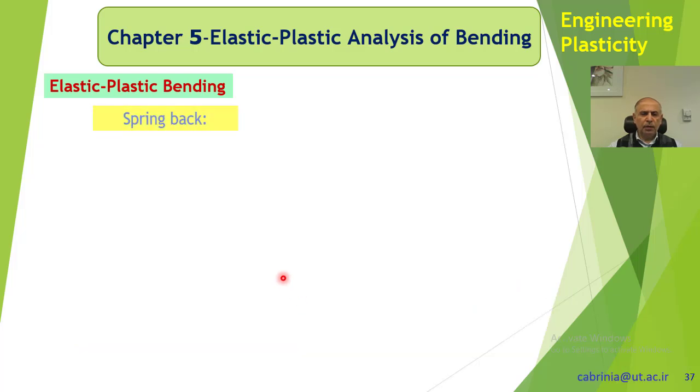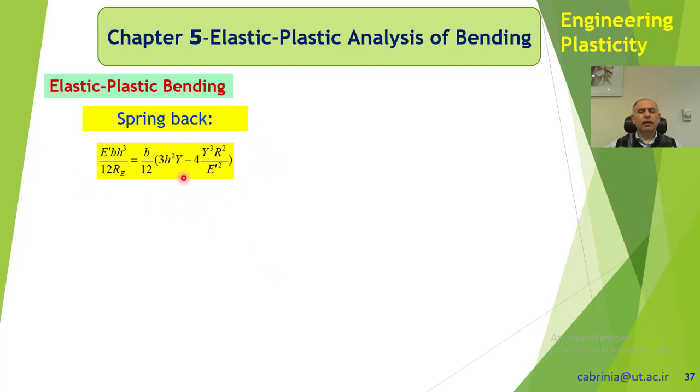And here again I have written the same equation as before. Remember that before we had here the elastic moment due to springback, and this is the elastic plastic, which is on the boundary of the elastic plastic deformation.